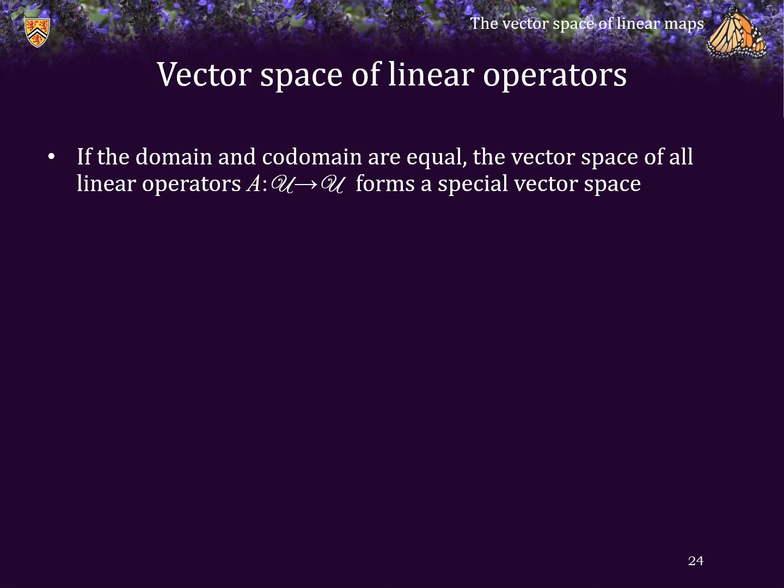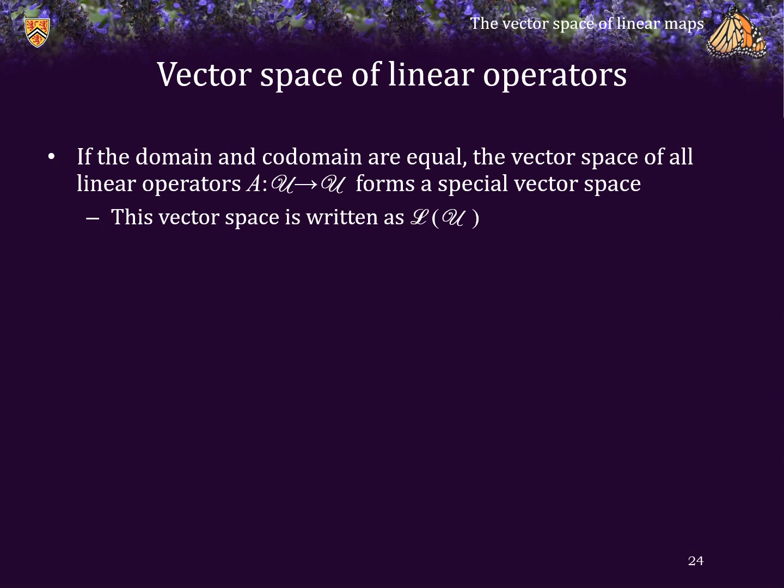So, if the domain and codomain of a collection of linear maps are equal, then we have the vector space of all linear maps A mapping a vector space U to itself. This forms a special vector space that we will study more later.